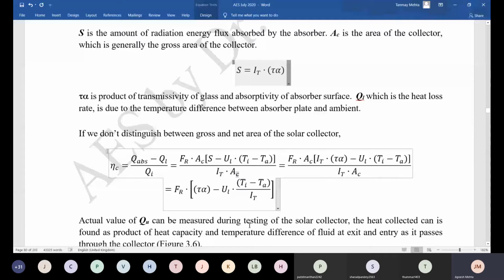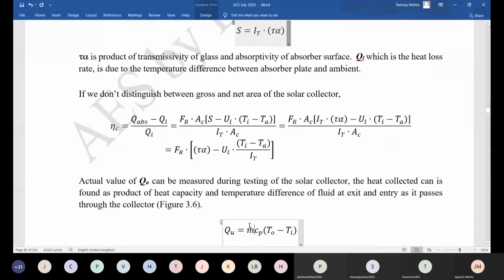Okay, and there is a particular reason why this is done. If you look at this, the equation of efficiency is in the form of an equation of a line. So the first term is FR into tau into alpha. All these are constants, right? So this is C, in Y is equal to mx plus C. So this is that constant or intercept. And the second term is FR into UL into TI minus TA upon IT. Now this TI minus TA upon IT is considered the variable. You can vary TI minus TA, right?